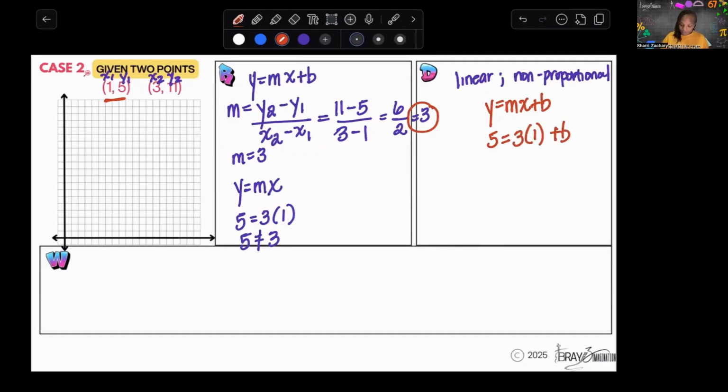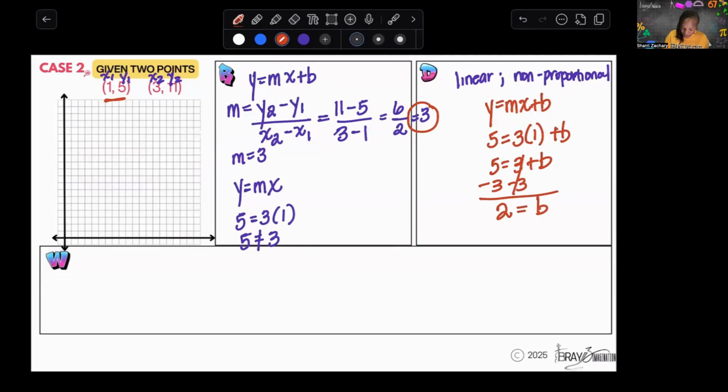Now I'm going to solve for b. So this is 5 is equal to 3 plus b. I need to isolate the variable b on one side of the equation by itself. I do that by subtracting 3. So it gives me b is equal to 2. So the y-intercept is 2.